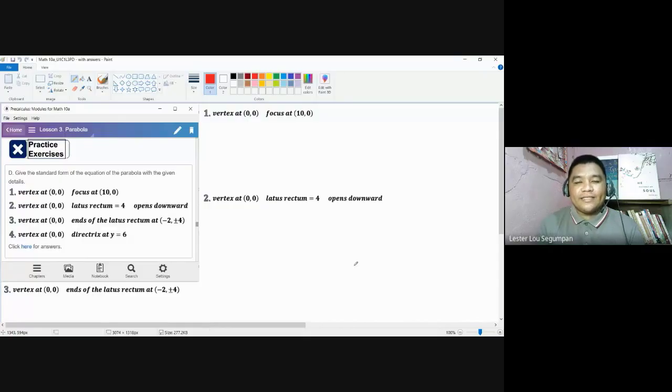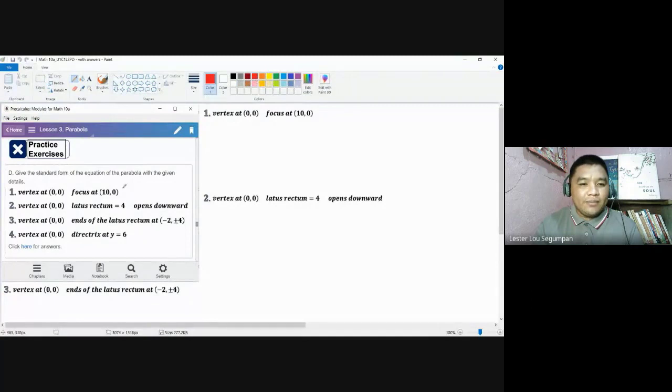In the previous practice exercises, we were able to graph the parabola and determine the important parts of it. We started with the vertex. We also determined the focus, the directrix, the latus rectum, and even the ends of the latus rectum. Right now, for this practice exercise, our goal is to reverse our operation.